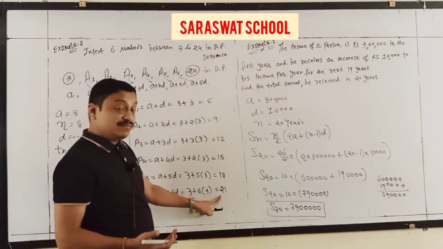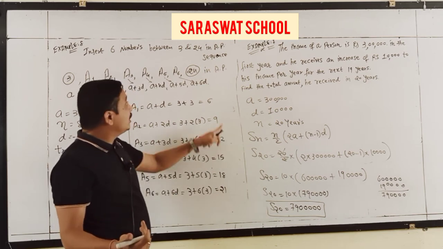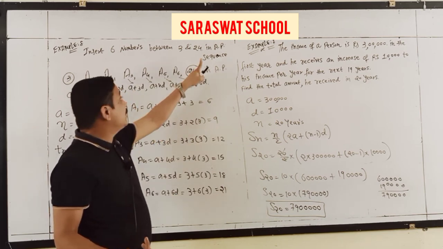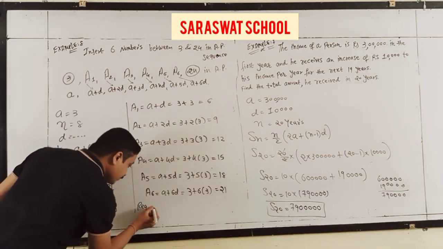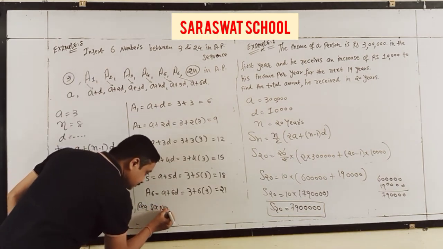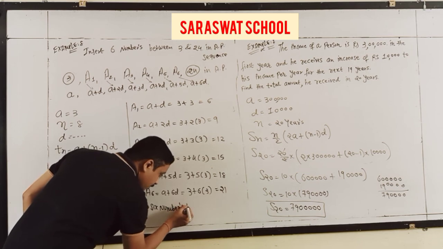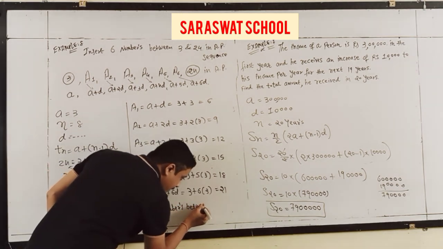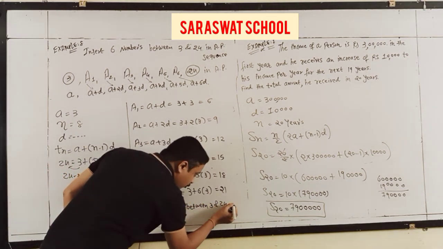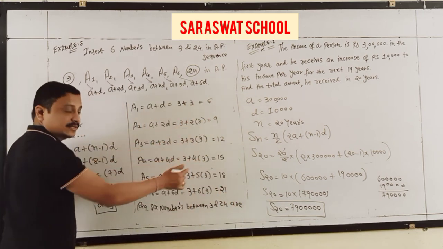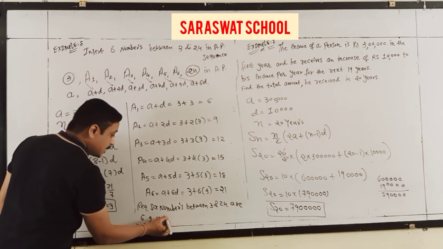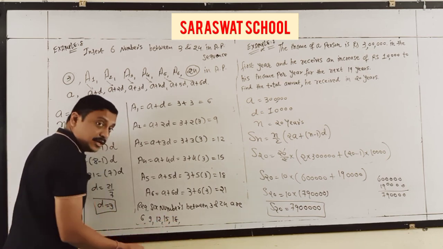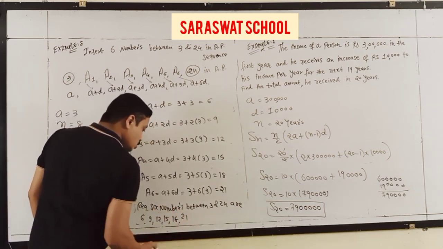Now 21, if you go further, then adding 3 gives 24, which is already given. So the required 6 numbers between 3 and 24 are, what do you obtain? 6, 9, 12, 15, 18, 21.